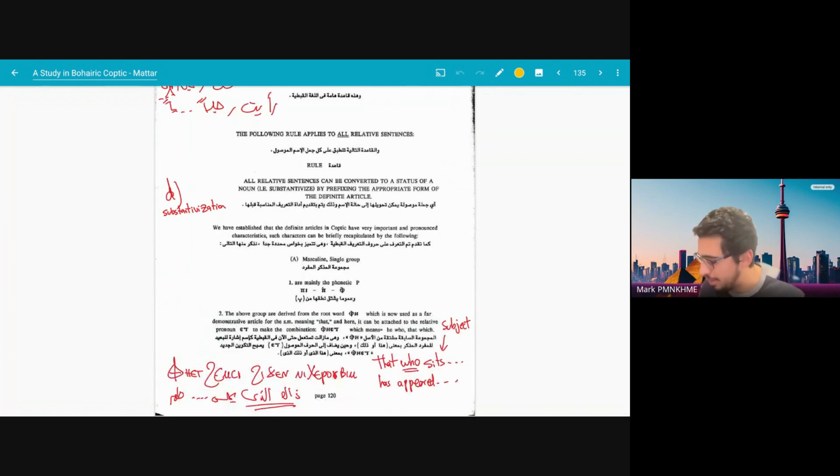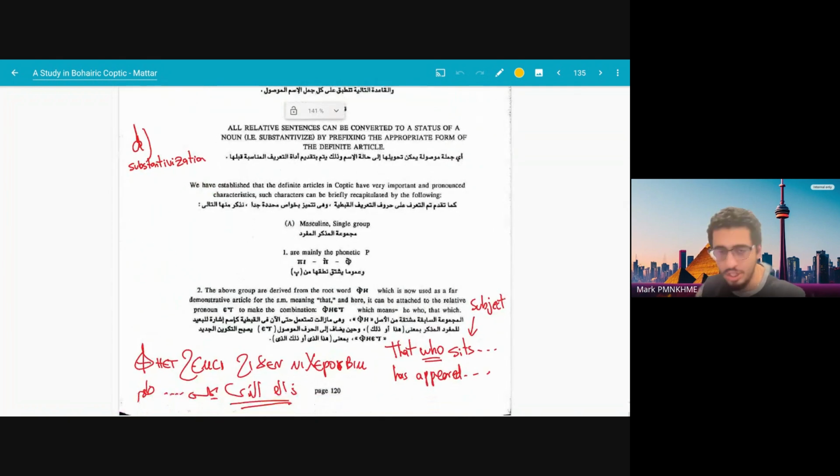All right, the next part is very interesting, and it's the construction of nouns. It's called substantivization. I don't know what it means. It just means you can use the et to make nouns.